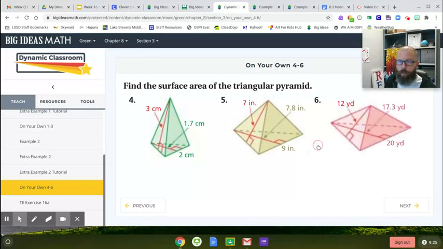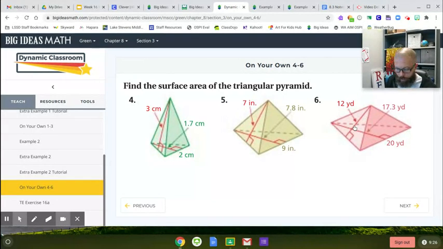Okay, one more. Triangle on the bottom here is 20 by 17.3 is the height. So I'm going to multiply those together. I get 346, and I divide it by 2 because it's a triangle. And I have 173 for the base. This triangle on the side is 20 by 12 high.